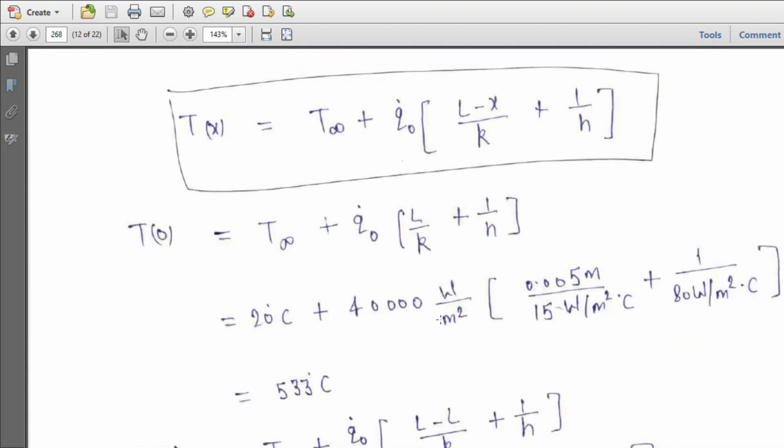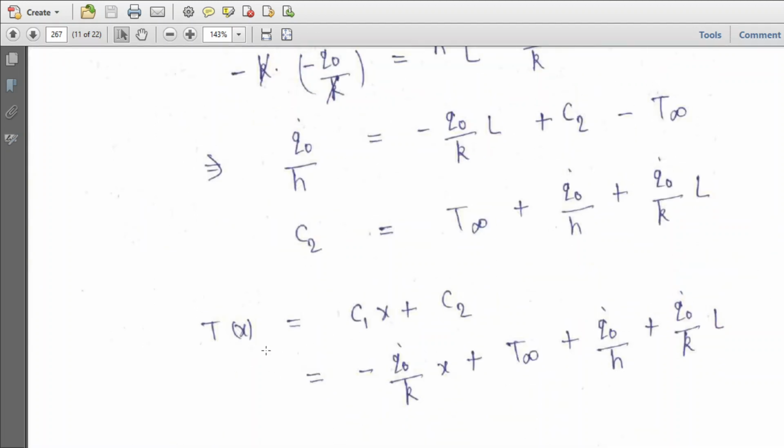Substitute them back, you will get the expression for T of x is C1 x plus C2, which is minus q naught x upon k plus T infinity plus q naught upon h plus q naught upon k into L.